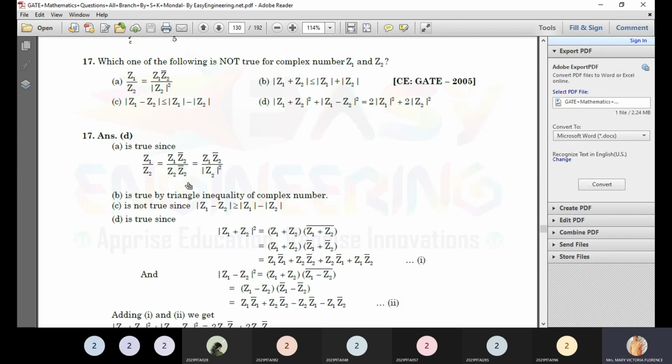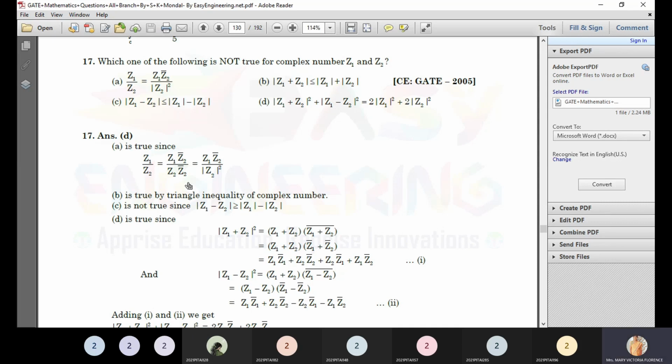That is false. It is not a true statement. The true statement is mod z1 minus z2 greater than or equal to mod z1 minus mod z2. So the question is, which one of the following is not true? Option C is a false statement.